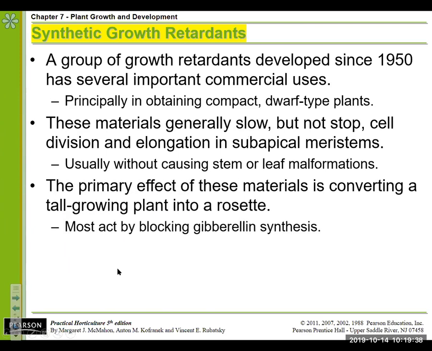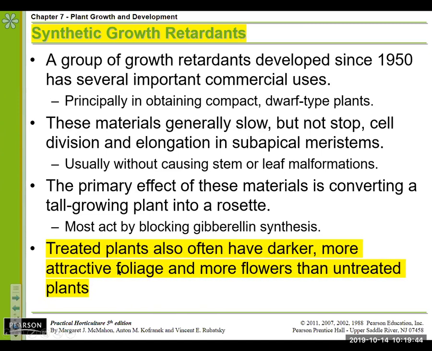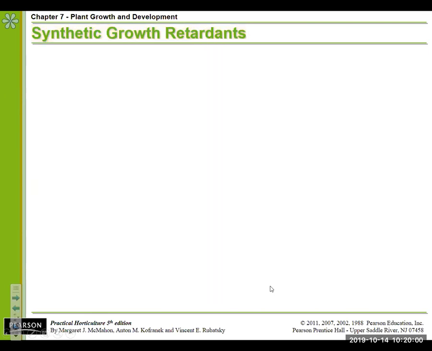So there's slowing cell division and elongation, which keeps plants more bushy. It will also cause plants to have darker, more attractive foliage and more flowers than the untreated plants. And most of these are acting just to block gibberellin synthesis, so they're reducing that stem elongation, making it look prettier.